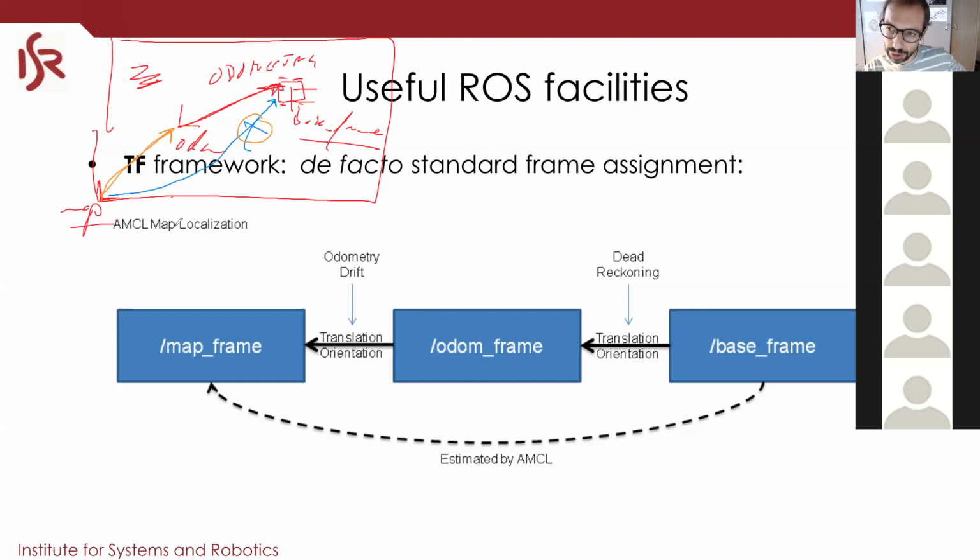Why is this so? This is a little bit counterintuitive, but it has a huge advantage. Typically this transformation from map to odom is published at the rate of the localizer. AMCL publishes something like 2 per second. If you want to control the robot, having localization 2 per second is not useful.